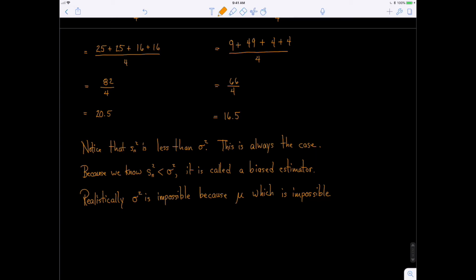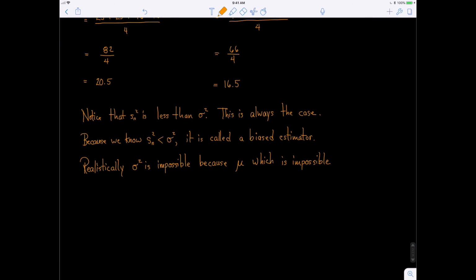So since it's so difficult to do, we make a correction. We make a correction using what we do know. And what we do know is we know x bar.